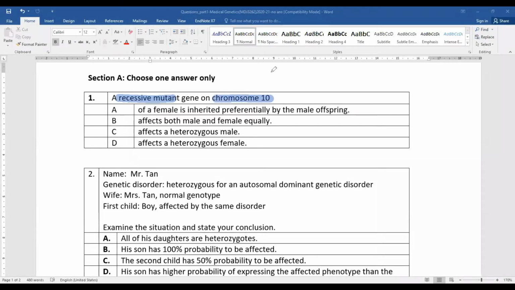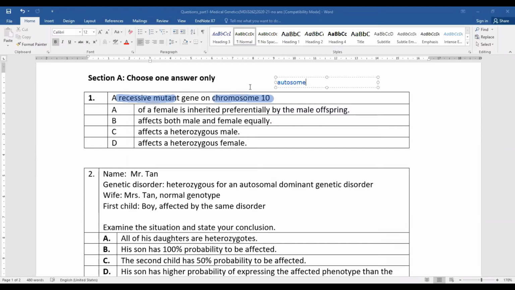Does it matter whether it's on chromosome 10, chromosome 1, chromosome 2, chromosome X, chromosome Y or not? The fact that it tells you it's chromosome 10, meaning that you know chromosome 10 is one of the autosomes, and it tells you it's a recessive mutant.